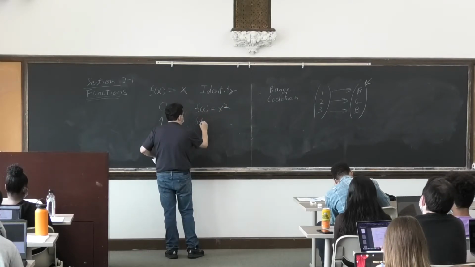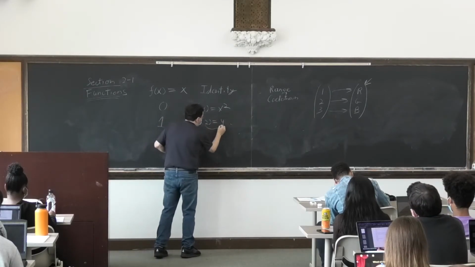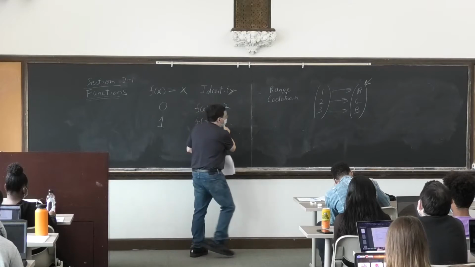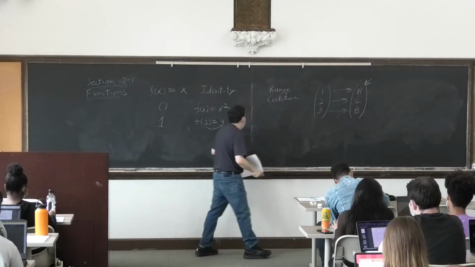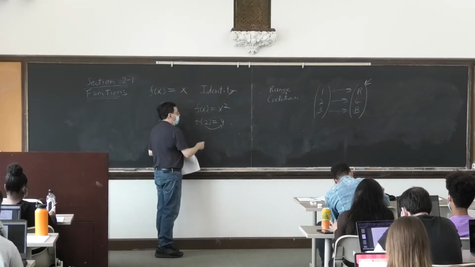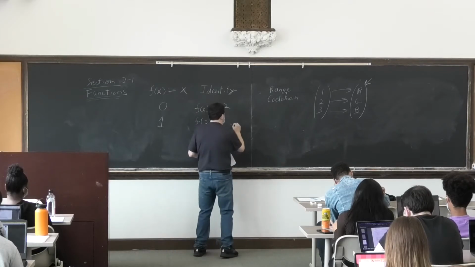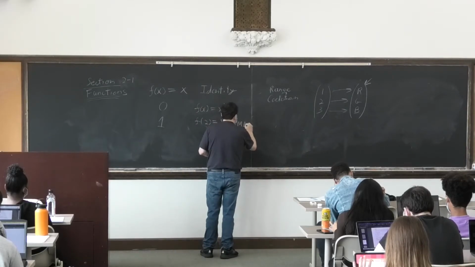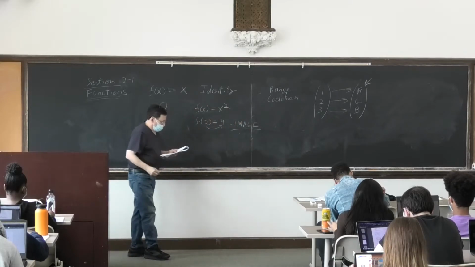So f of 2 is 4. We sometimes will call a particular element of the range here the image. In other words, the image in this function of 2 is 4. The word image, just a vocabulary term.